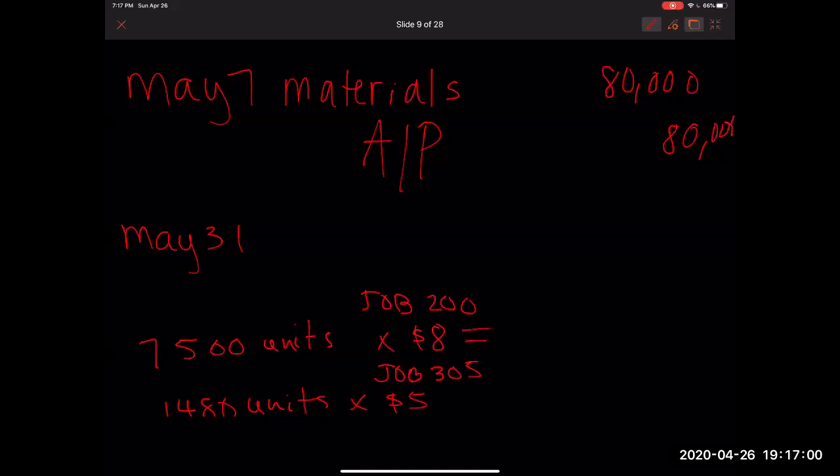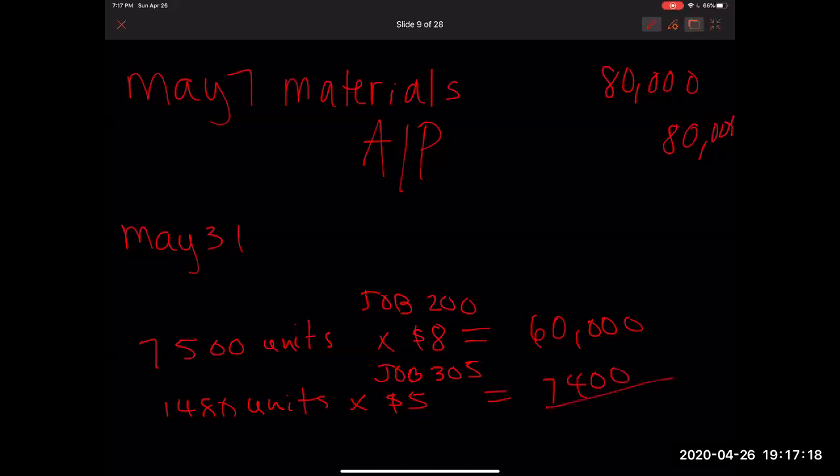So if I did 750 times 8, I come up with 6,000, right? And then I have the 1,480 times 5, and that would equal 7,400.